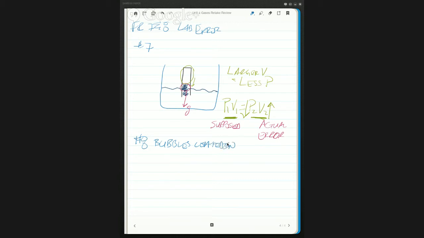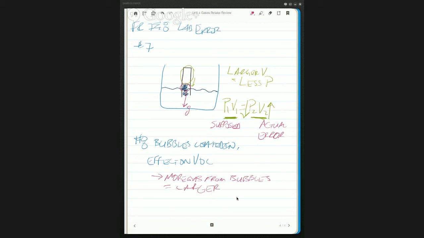Bubbles leaked in, okay? And when they did that, what's the effect on volume? Well, it's really just straightforward. More gas from bubbles equals larger volume.